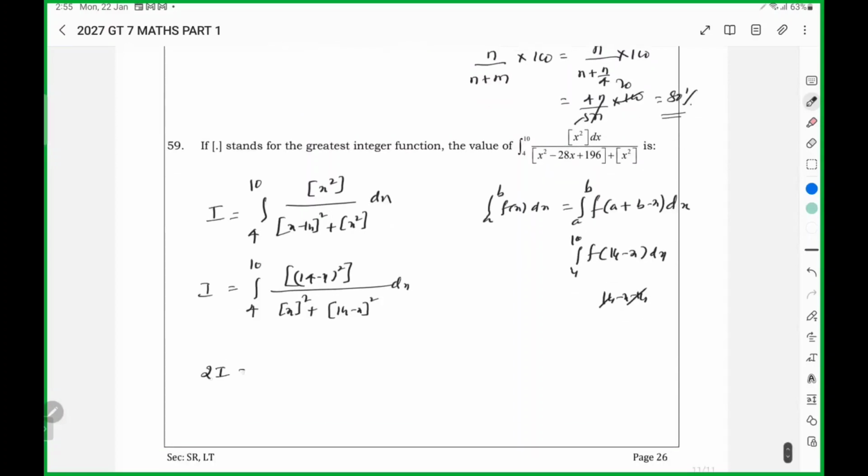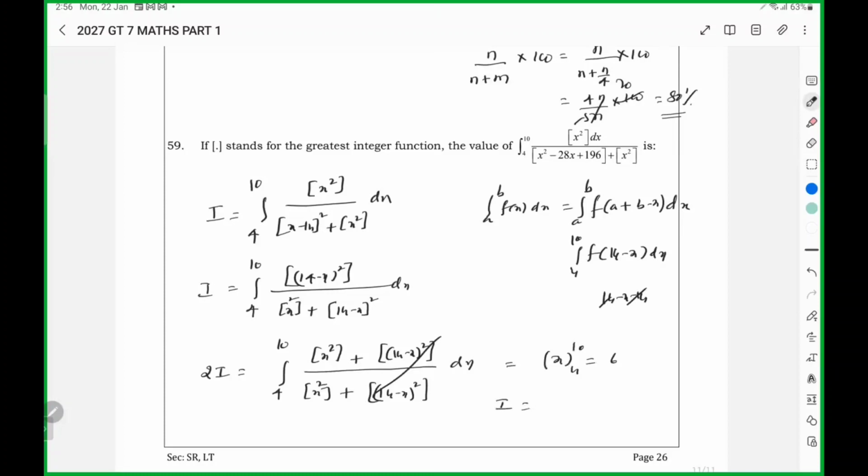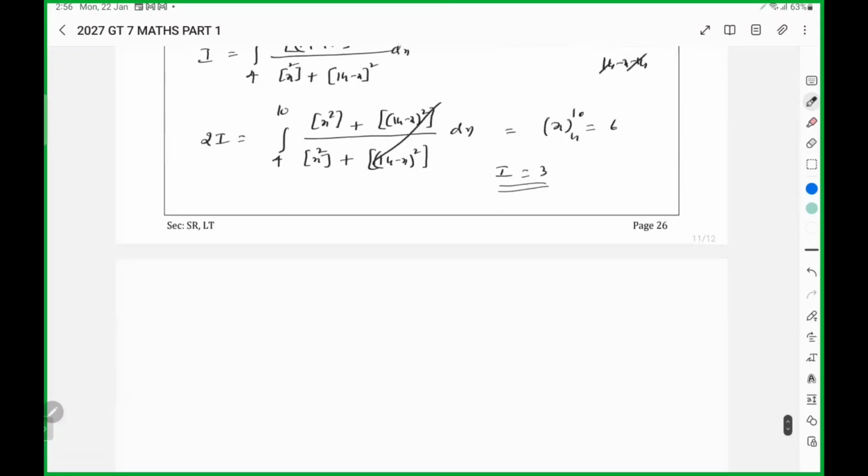Adding these two integrals, it's between 4 and 10. So the integral value is 3.